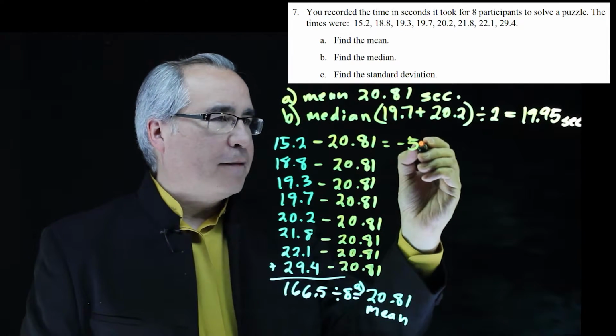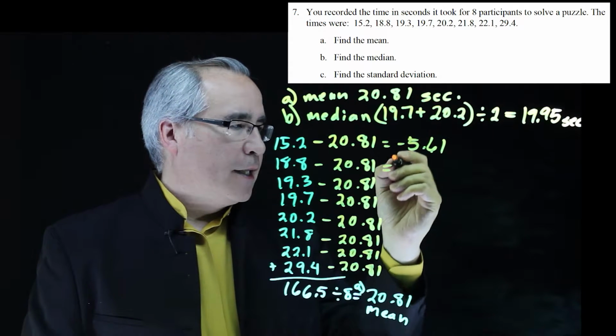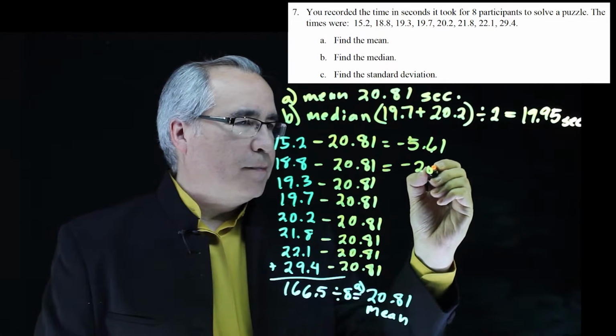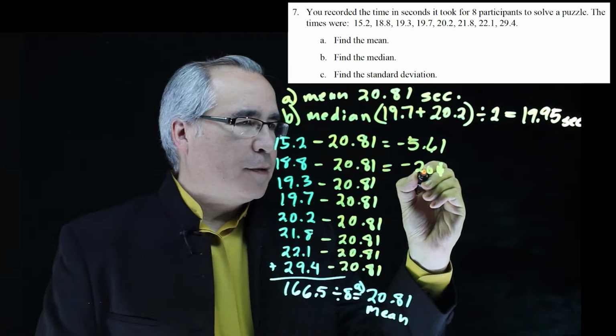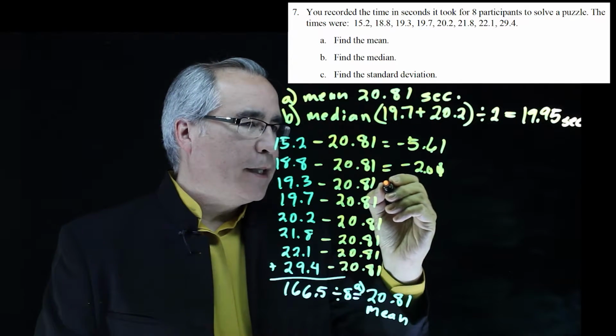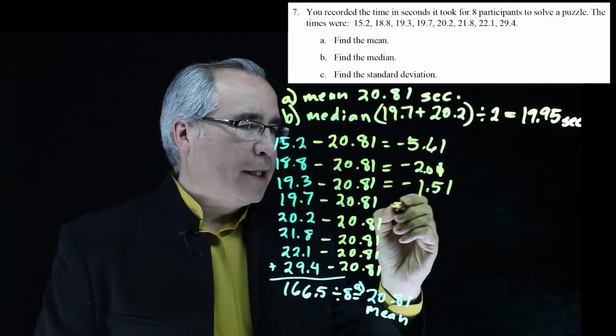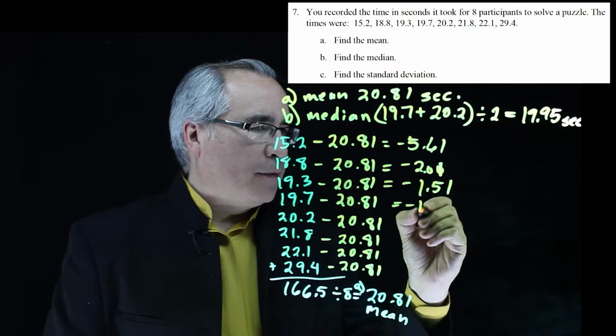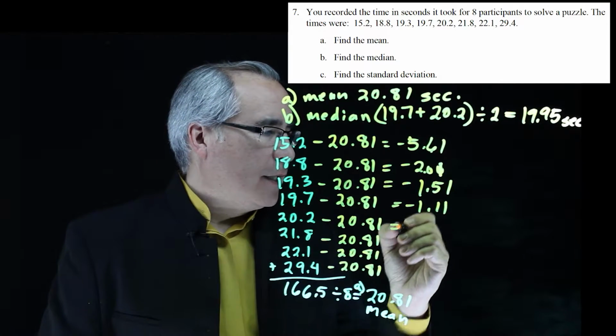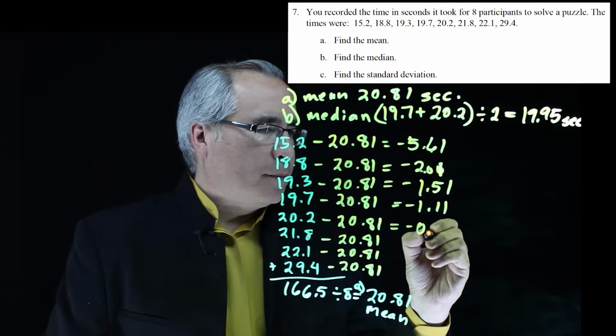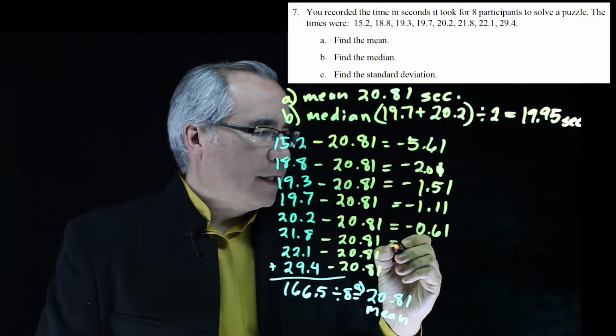This gives us a negative 5.61. This gives us a negative 2.01. This one gives us negative 1.51. Here we get negative 1.11. Here we get negative 0.61.